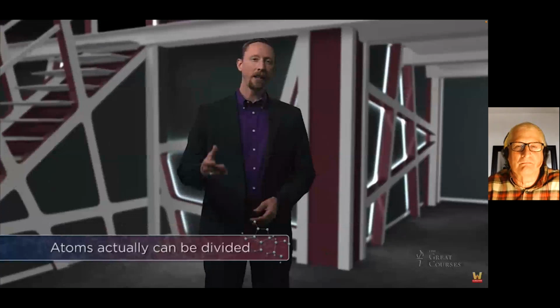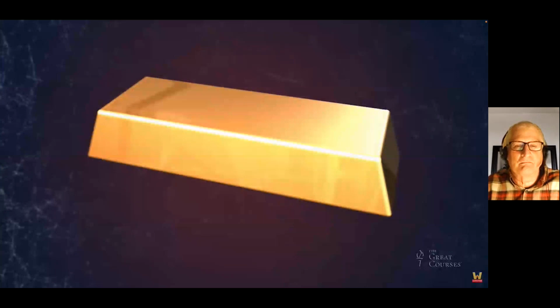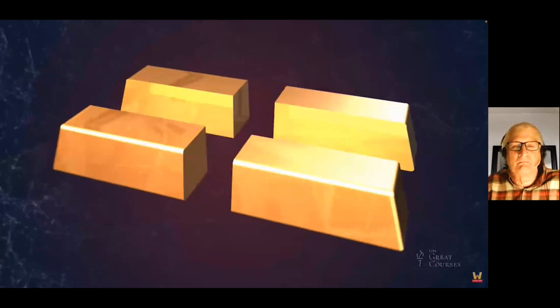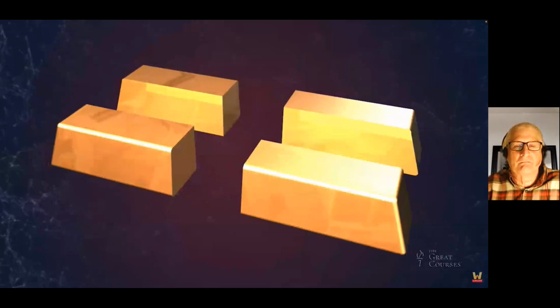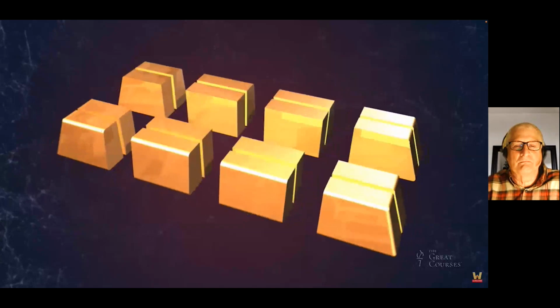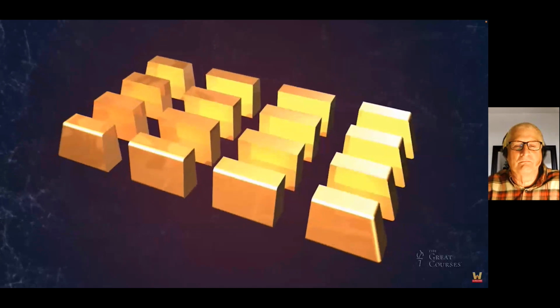larger samples of elements. Take the example of a bar of gold. That bar of gold can be cut in half to make two smaller bars of gold. Those can be cut into smaller pieces as well, and they're still gold. And the process can continue, creating ever smaller and smaller samples of that element, gold.